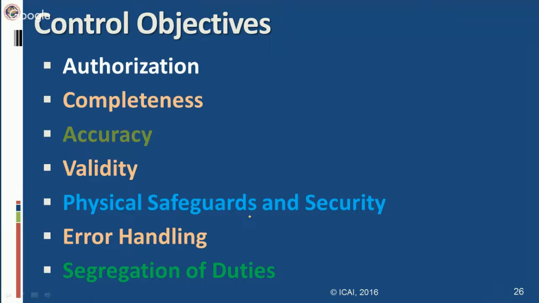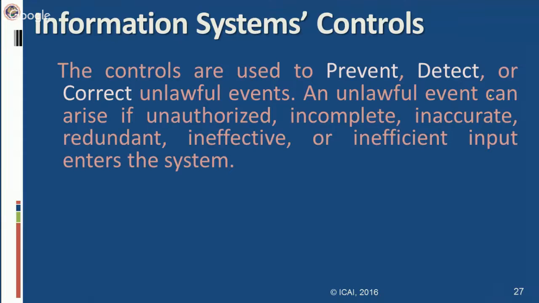So these are the control objectives with which any business process automation will have controls. These are the objectives, but if any of the objectives is compromised and any attack still occurs, we have other controls which will detect and correct those particular attacks. Then comes the information systems controls. The information systems controls are used to prevent, detect or correct any unlawful event.